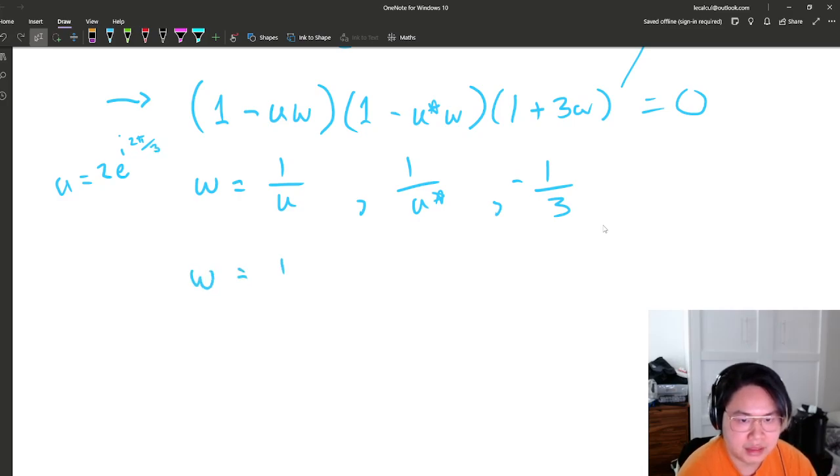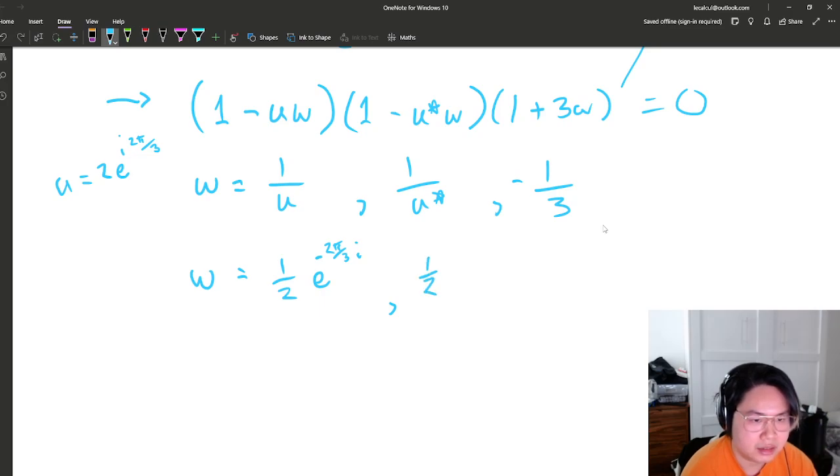So w is 1 over 2 e to the negative 2 pi over 3i. And then the conjugate would be the other way around, so this is positive 2 pi over 3i, and of course we have the real valued one.